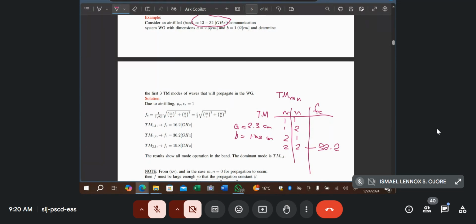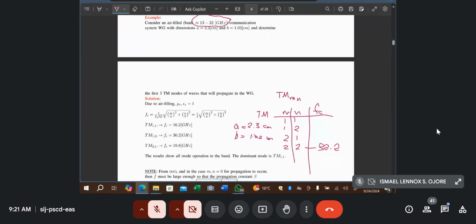And the dominant mode is TM10. So the dominant mode here is the one that has the lowest cutoff frequency. Now, we have not computed other modes like 2, 3, 3, 2, and all that. Do you think in this case, TM11 is the dominant mode? Is it true for all the modes in TM that TM11 is the dominant mode?